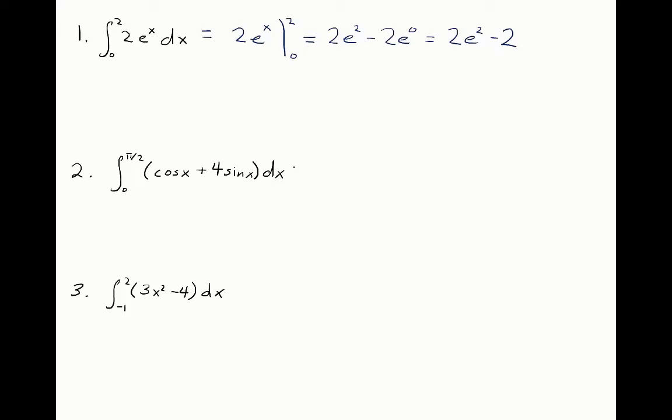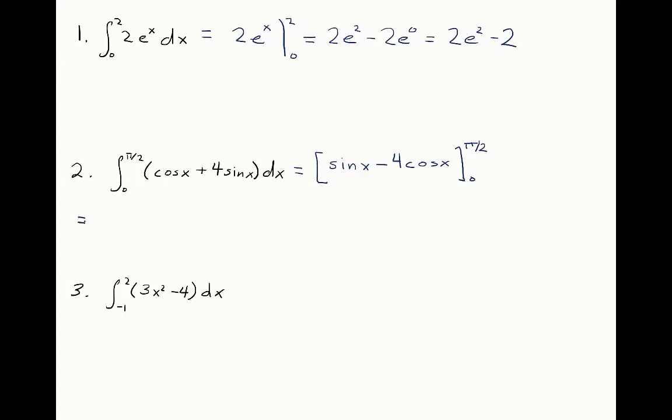Okay, next one. Alright, so if we integrate this, integrating cosine gives us sine. Integrating sine gives us minus cosine. And we're going from 0 to pi over 2. And we are always going to be using radians, unless I say otherwise, and I can't think at the moment why I wouldn't be using radians.